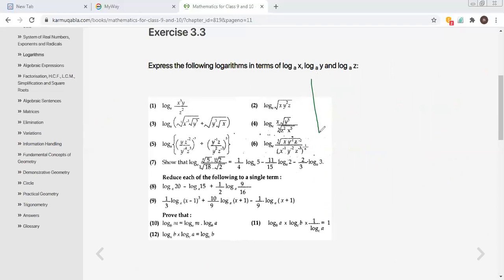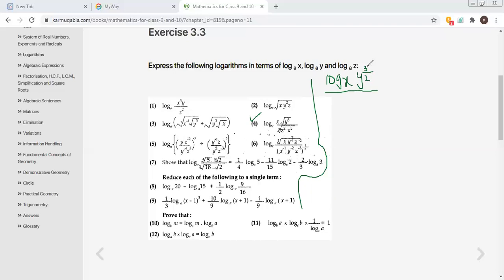I am solving half the question, and the further question you will solve by yourself. Question number 4 will be written log x, y has root, so it will be written y. Inside the power you can see 2, 3, and upon it will be written 2. 1/2, is the power of root, so inside the bracket you have 3 on the 3/2.